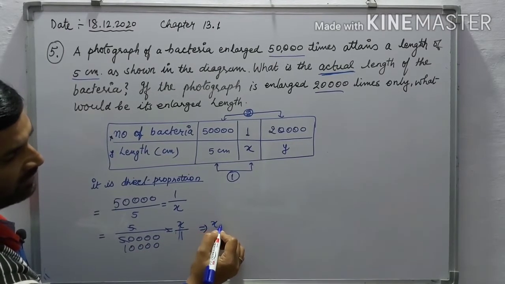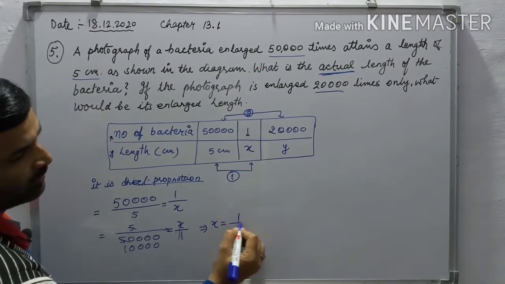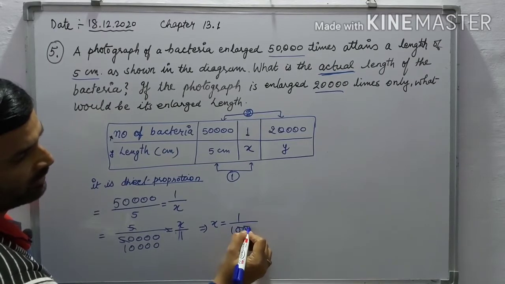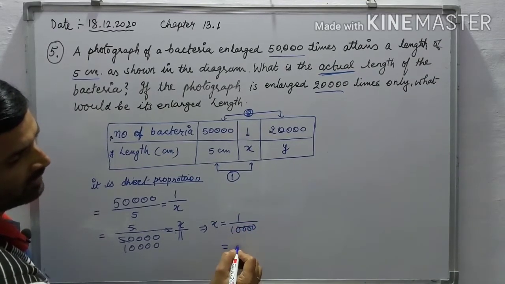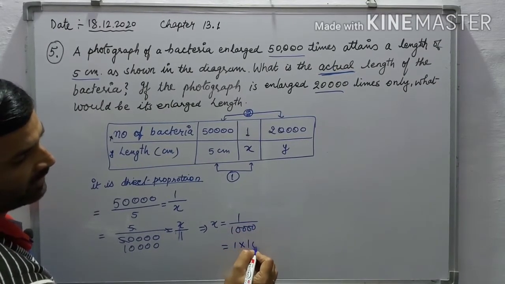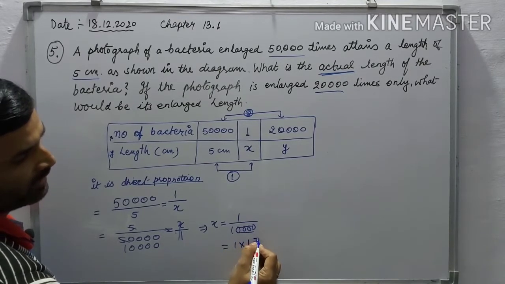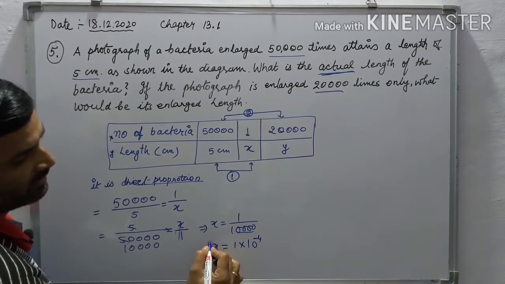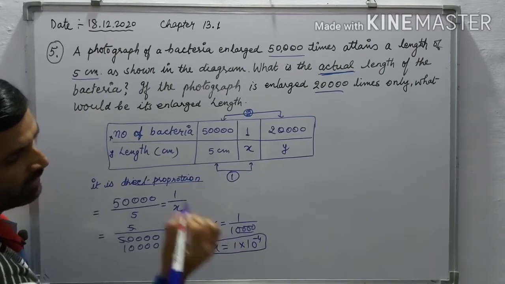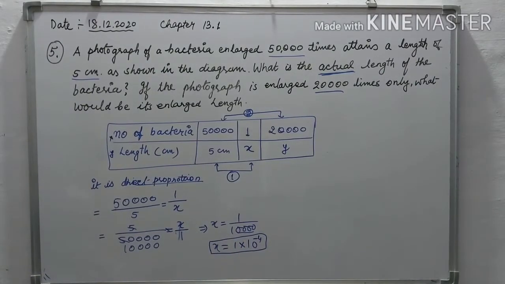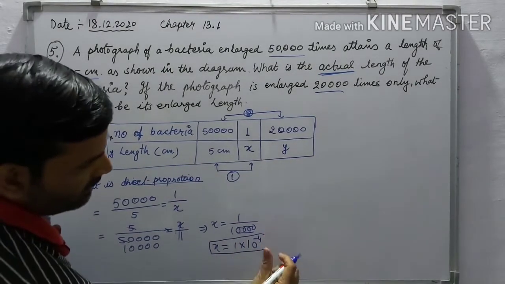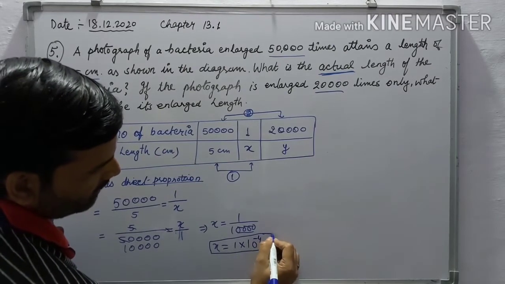That means x is equal to 1 upon 10,000. 1 upon 10,000 will be written as 1 multiplied by 10 power minus 4. This is the standard form to write a big number. The length is given in centimeter.